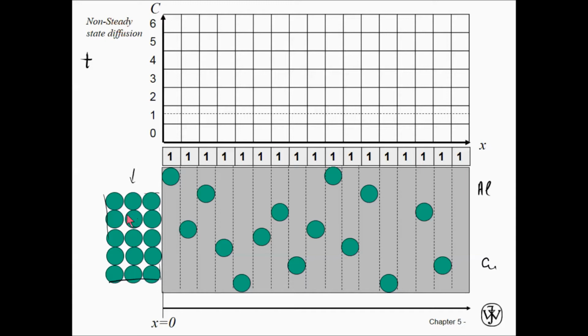For example, if I increase temperature, this atom will have enough energy to break bonds between neighbors and diffuse into aluminium. This one over here is the surface where the diffusion will start. The surface is at distance x0. When I go deep below the surface, x goes to infinity.